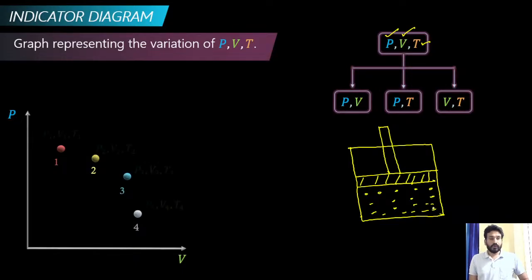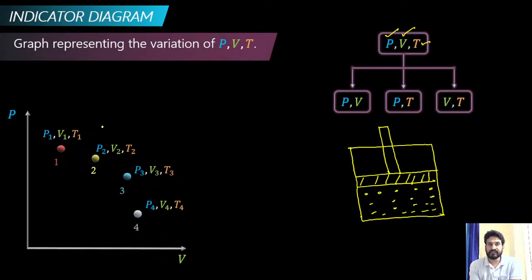So at one state, the values are P1, V1, T1. At point 2, the values may be P2, V2, T2. At 3 and 4, similarly. So these four are different states of this system. Is it clear to you? I hope that this is clear to you.